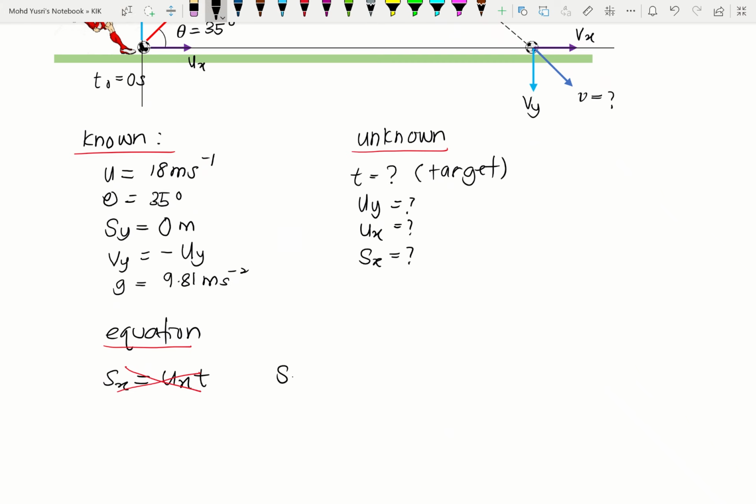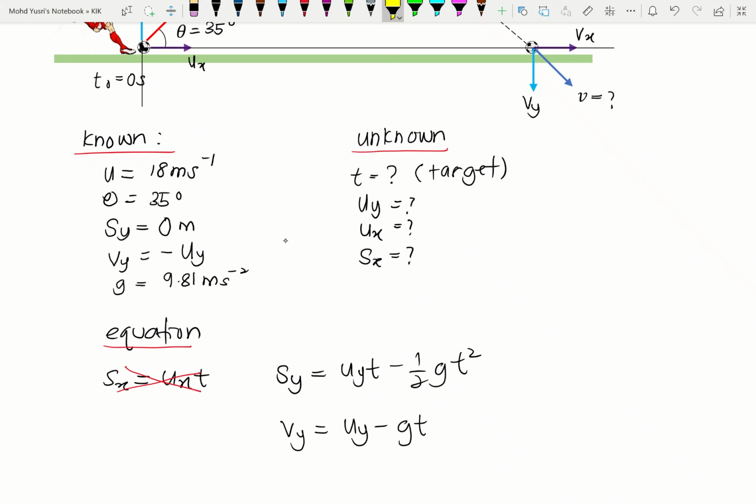In the y component, we have the equation for displacement, y equals uy t minus half g t squared, and vy equals uy minus g t.